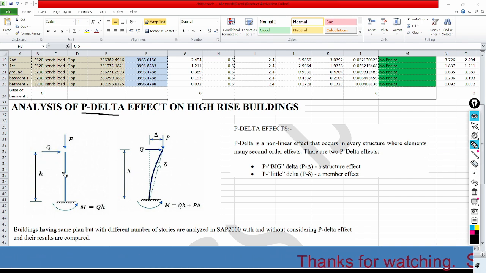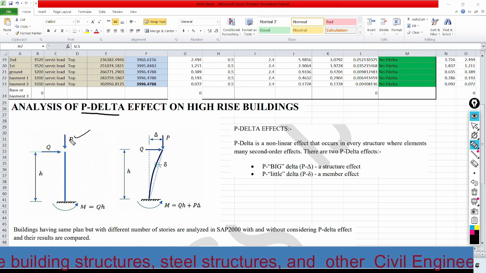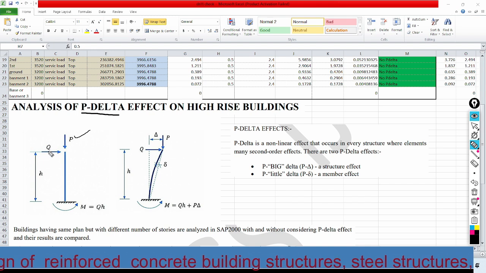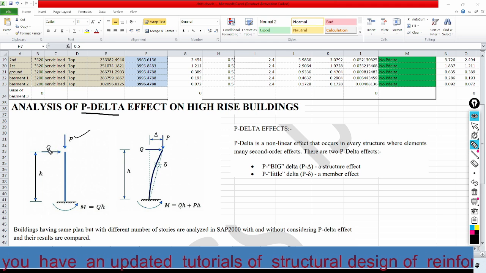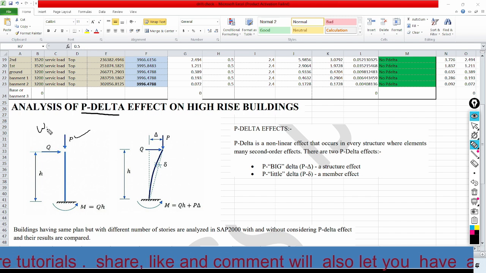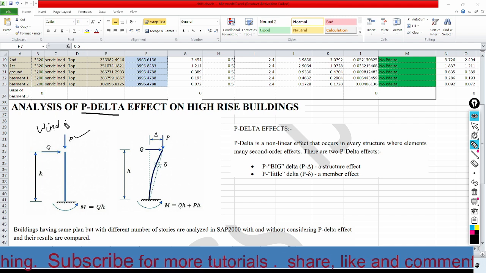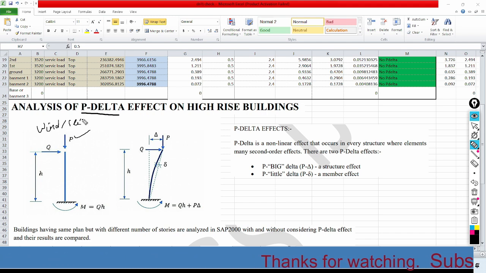Suppose this is our structure, and here we have a gravity load, which is P, and a lateral force Q. This lateral force may be wind or it may be earthquake load, that means seismic load.